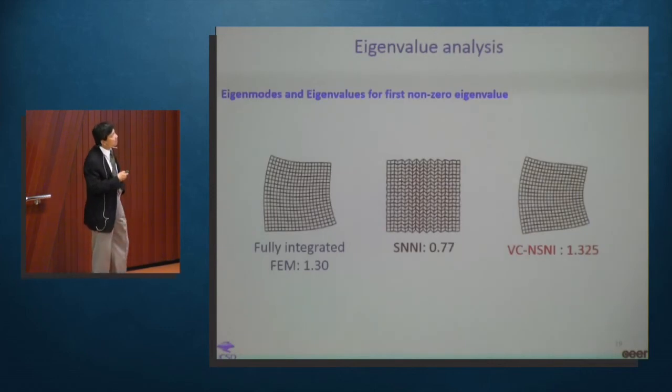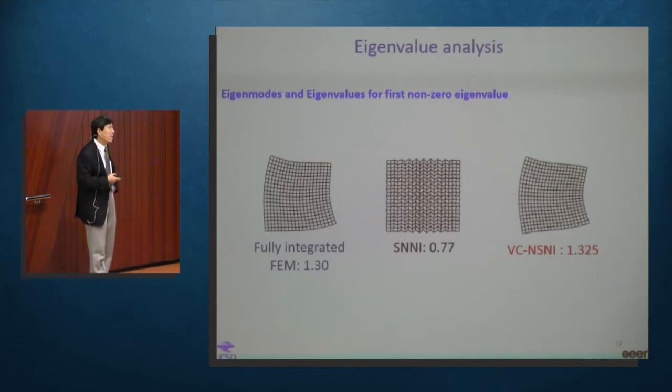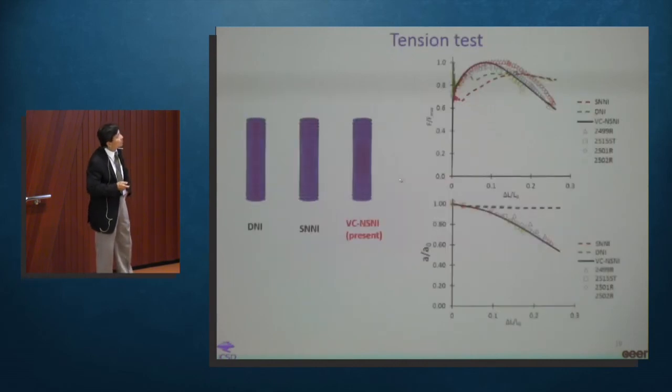Okay, and then you can check those modes. The lowest non-zero energy mode is very stable, and it compares very well with a simple test, fully integrated FEM. You see these two numbers are very close and it's stable, right? So I resolve the stability issue and still get the quadratic rate of convergence.